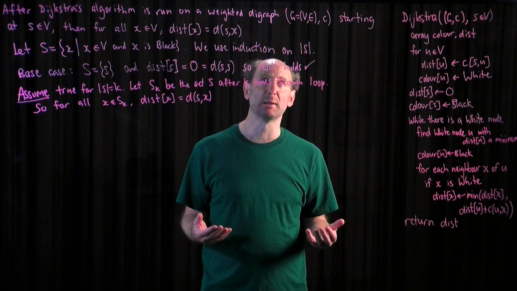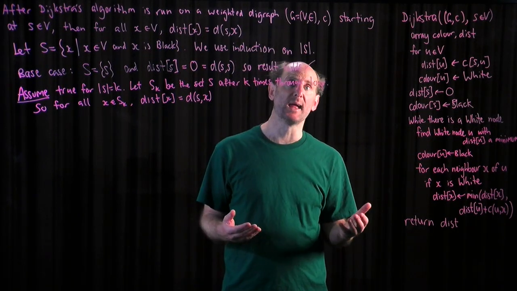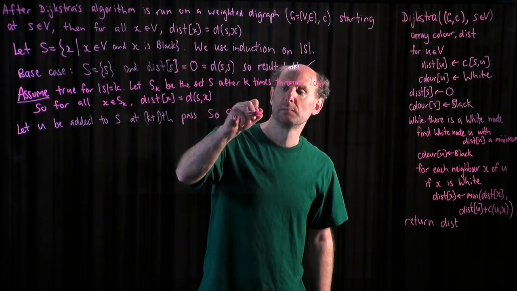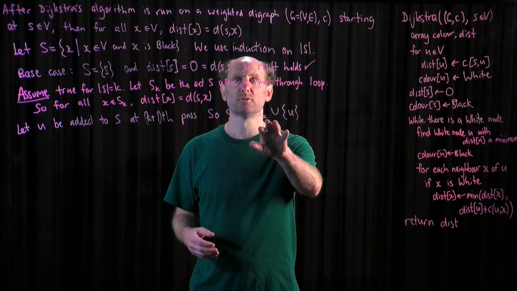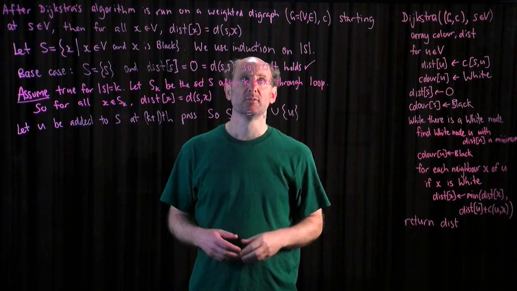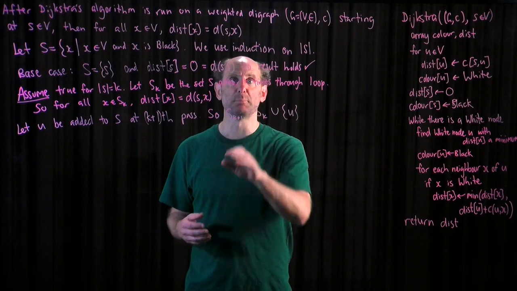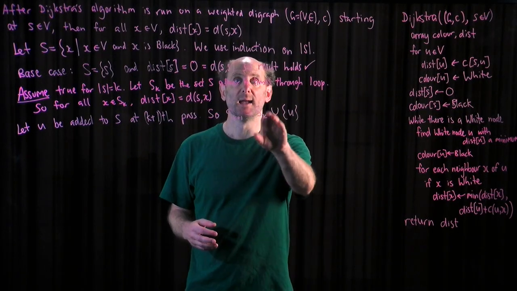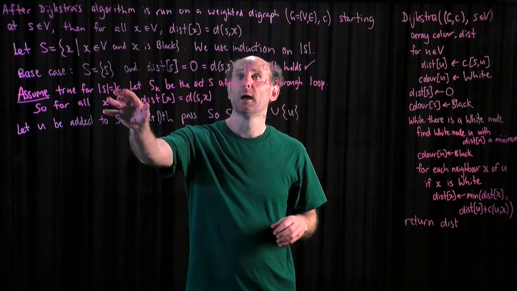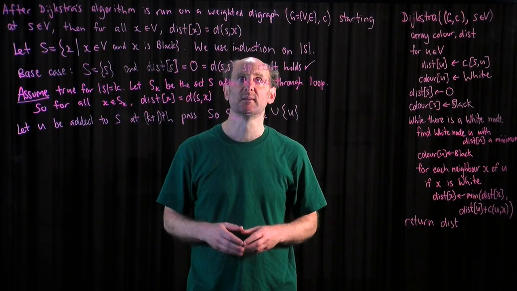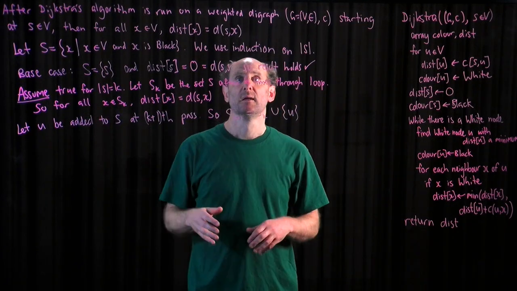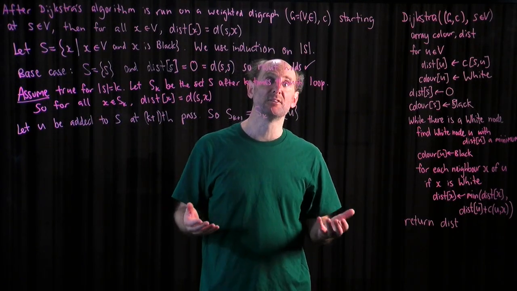So S k plus 1 is just equal to S k union U. Note that we only need to show that U has the desired property, since all other nodes in S k plus 1 are actually in S k, so have the property that we want according to the induction hypothesis and the observation that once nodes are in S, their values for dist never change.